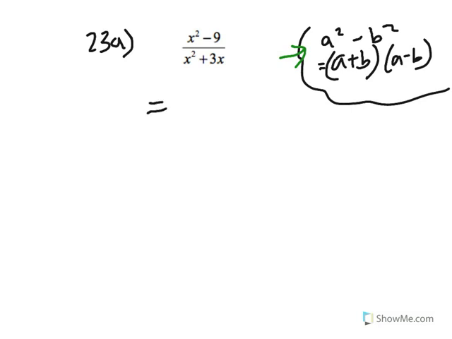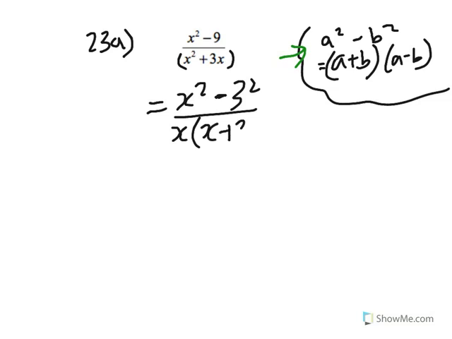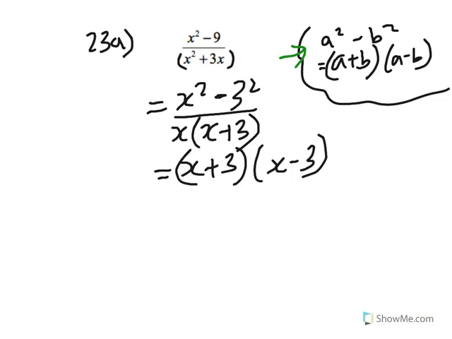First of all, the numerator x squared minus 9 can be written as x squared minus 3 squared. Over, if we factorize the bottom, we're going to get x as the highest common factor: x squared divided by x is x, and 3x divided by x is 3. Now x squared minus 3 squared, according to the note, factorizes to x plus 3 and x minus 3, all over x plus 3.